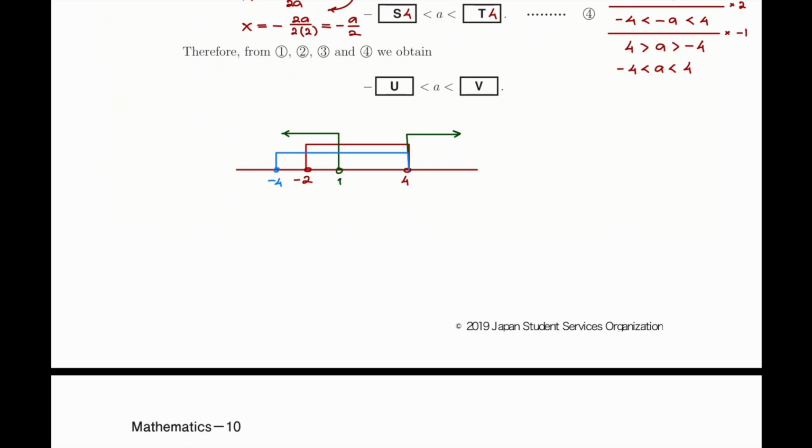So this is my final region, which satisfies 1, 2, 3 and 4. So a is between -2 and 1 for U and V.